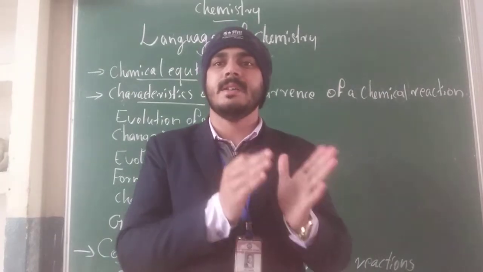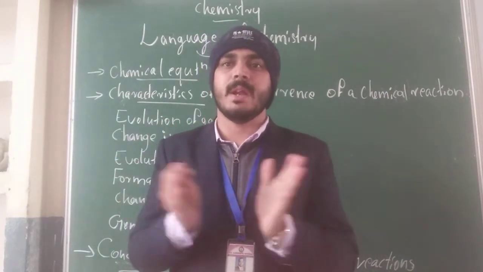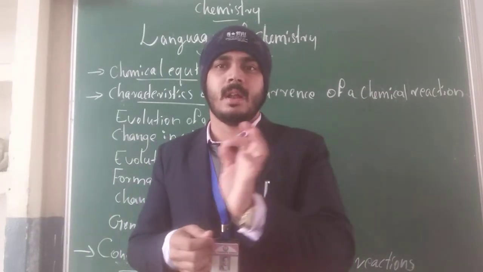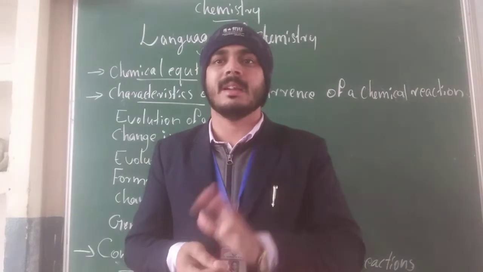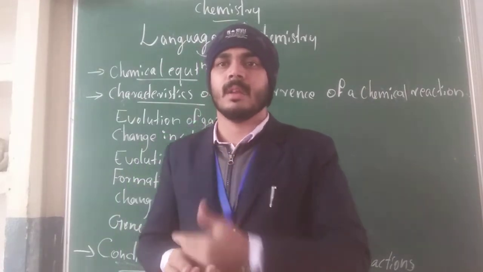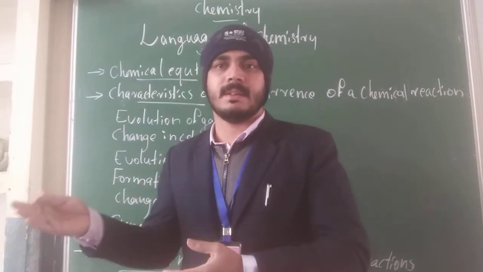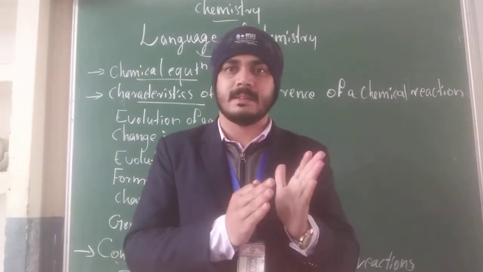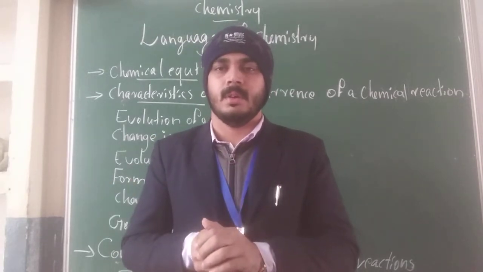Simply, hydrogen and oxygen combine to form water. So here hydrogen and oxygen are the reactants. These two substances react together to form a product. The product is water. I hope all of you understood the words reactants and product.